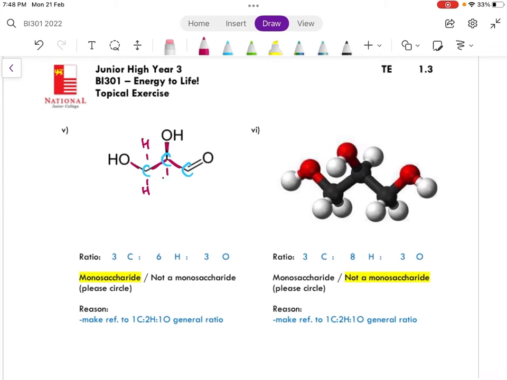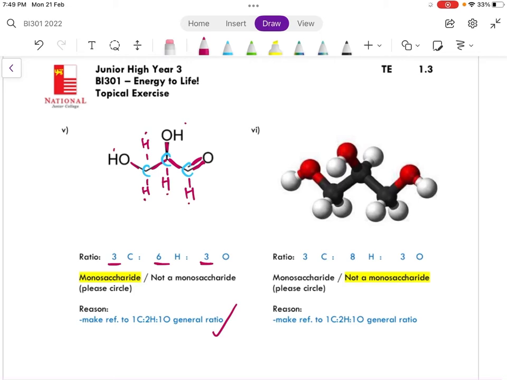Therefore, there should be 1 more bond, and that should bond to hydrogen. This last carbon here, there's 1 bond, 2, 3, and therefore you should have 1 more hydrogen. So if we give it a count, there's 1, 2, 3, 4, 5, 6 hydrogens in total, 3 carbons and 3 oxygens, and it follows the general ratio of 1:2:1.